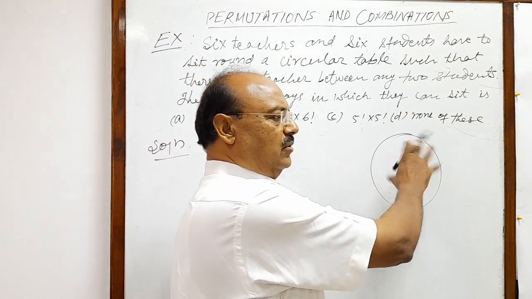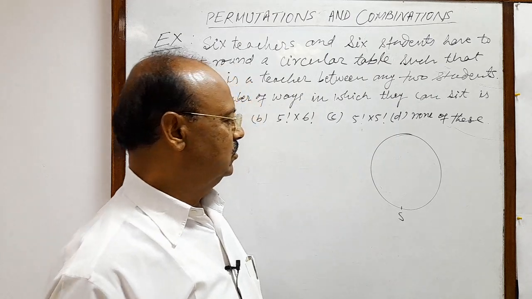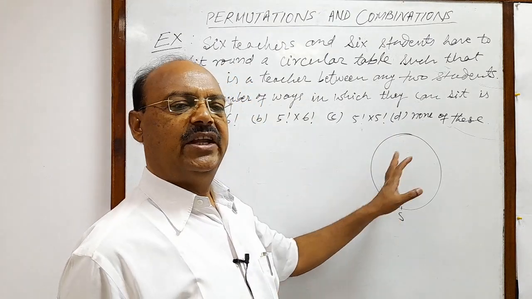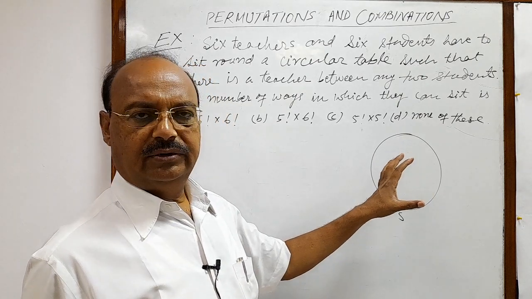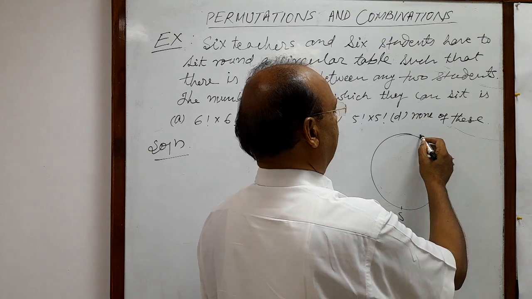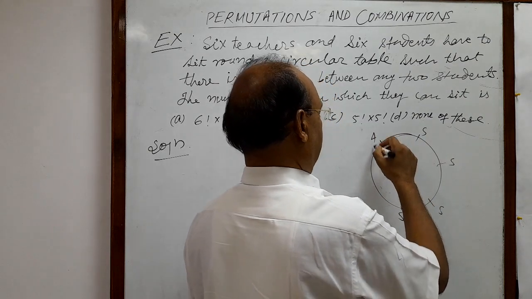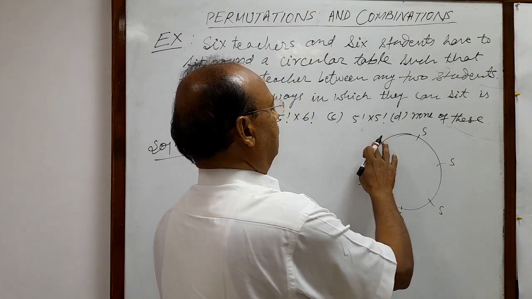Simply rotation clockwise, anti-clockwise doesn't matter. It is not a new set. Okay, so first a student can sit anywhere, and the remaining 5 seats are there for students. Suppose 1, 2, 3, 4 and 5 seats are here for the students.